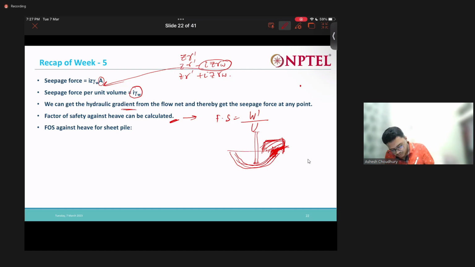So the factor of safety is given as gamma submerged by gamma W. So this is my hydraulic gradient.